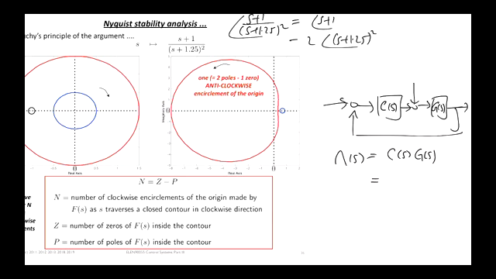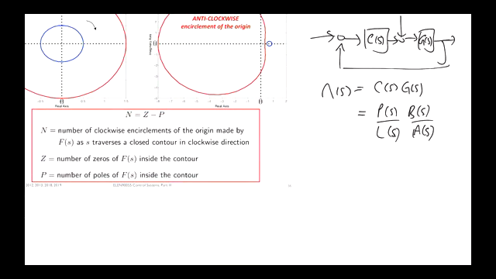We represent the controller as a ratio of two polynomials P and L, and G as the ratio of two polynomials B and A. And we know that the characteristic polynomial is L(s)A(s) plus P(s)B(s), and that the closed loop poles are the zeros of the characteristic polynomial.